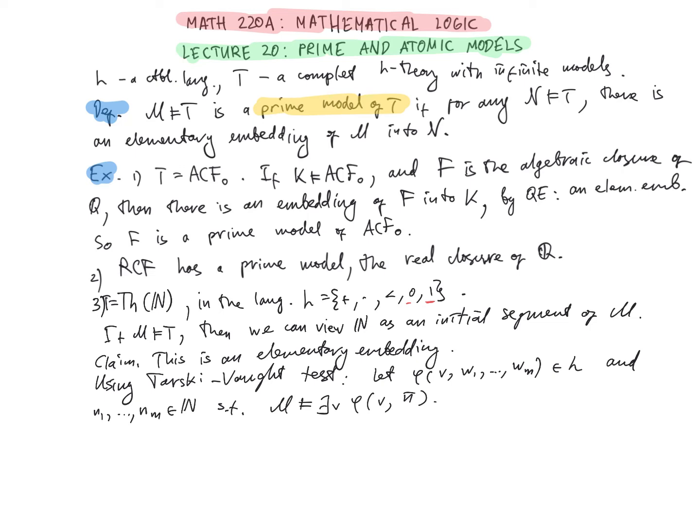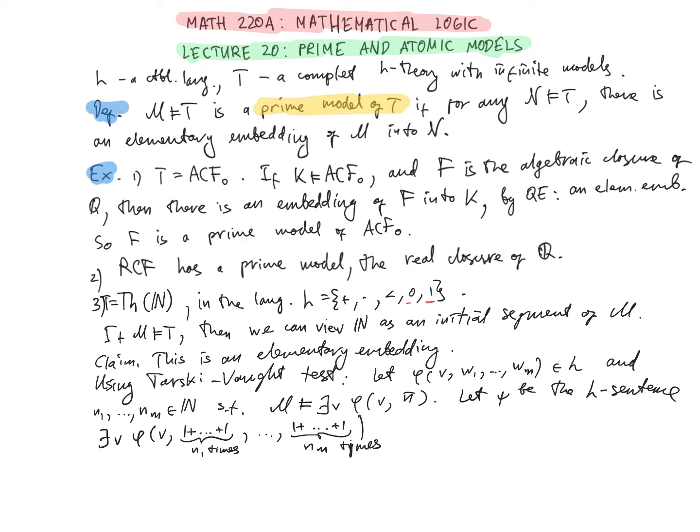Here we are viewing this as a tuple of elements from the corresponding copy of the natural numbers in M. Let psi be the L sentence: exists v, phi of v, 1 plus 1 plus 1, etc., and 1 times, etc., 1 plus 1 plus 1 plus 1, etc., and m times. Okay, so this gives us an L sentence.